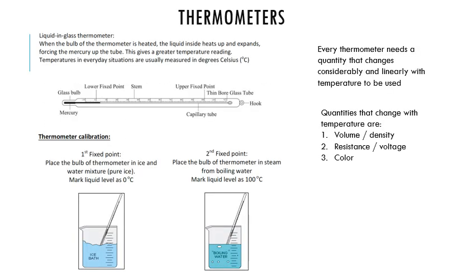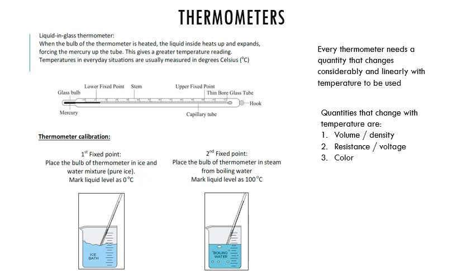over thermometers again. The first type of thermometers that we talked about was the liquid in glass thermometers. We talked about its parts, its shape, and how it works. The property that changes as temperature changes is the volume or the density of the mercury, and it doesn't have to be always mercury.